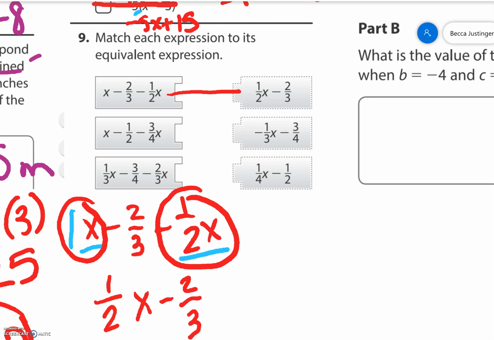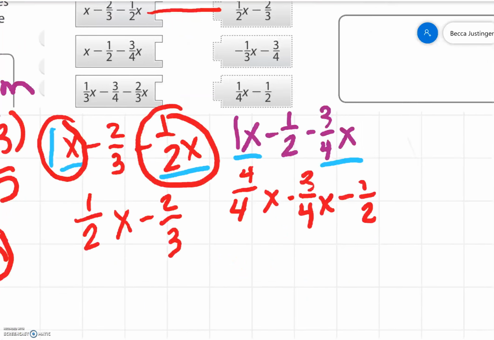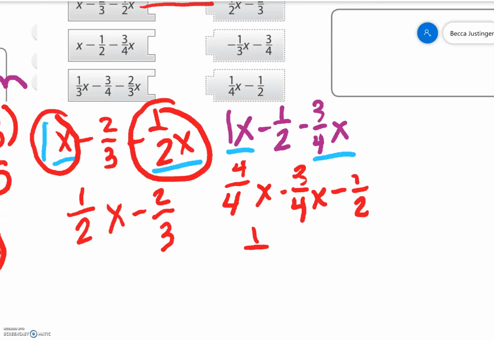The next one, x minus 1/2 minus 3/4 x. Again, this is 1x. I want to combine like terms. 1x is like saying 4/4x minus 3/4x minus 1/2. So 4/4 minus 3/4 is 1/4x minus 1/2.